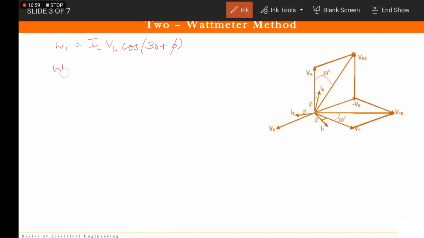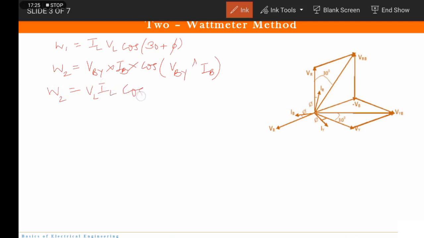Similarly, if I talk about W2, then it would be VBY multiplied by IB multiplied by the cos of the angle between VBY and IB. Now I know all these things, right? So these are the line voltages and line current.